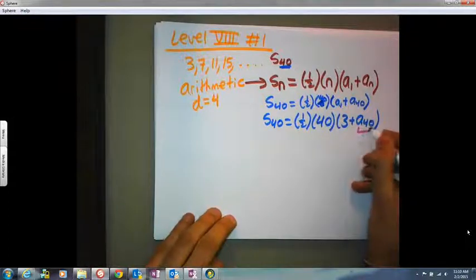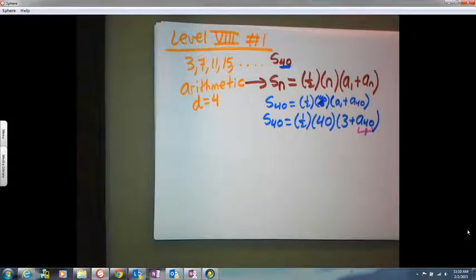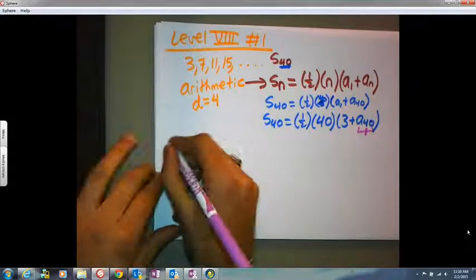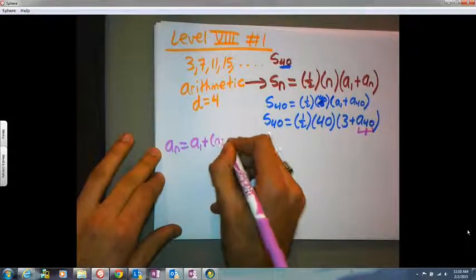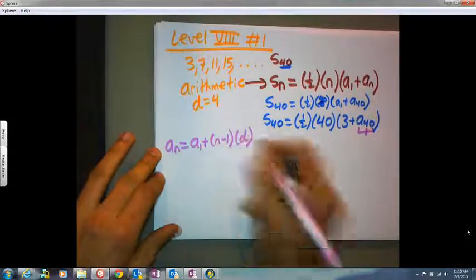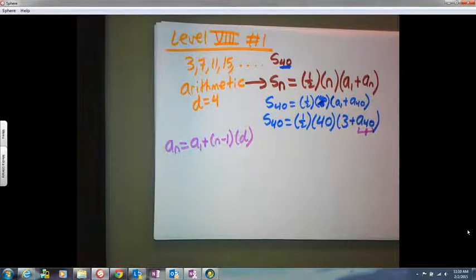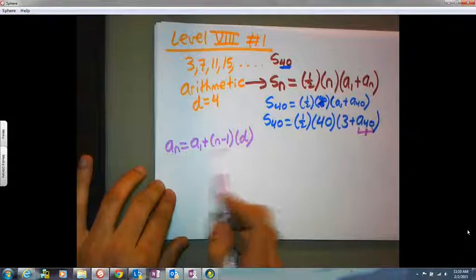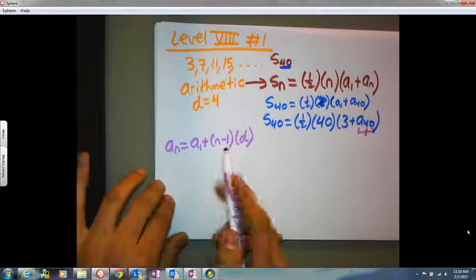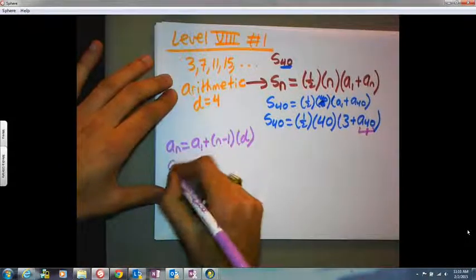And we know, because this is arithmetic, that this formula holds true, because of the other equation. Since we want to find a40, we can just use this equation right here: a40 equals a1 plus 40 minus 1 times d.